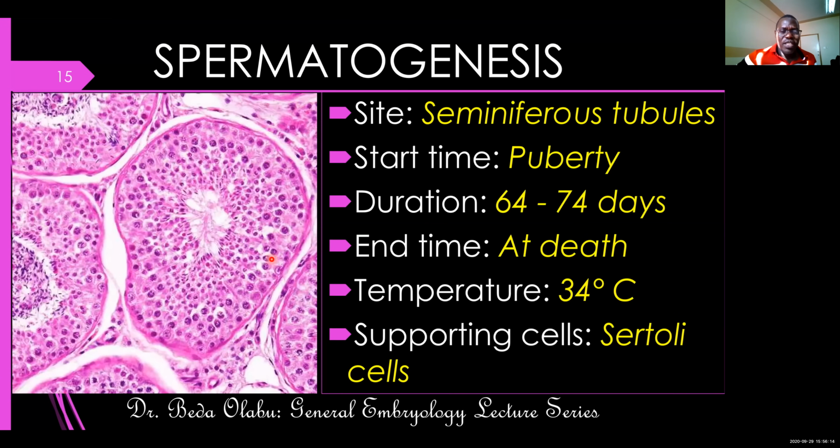During spermatogenesis, there are some supporting cells within the seminiferous tubules. The supporting cells of spermatogenesis are known as the Sertoli cells. They're the ones that provide both structural as well as nutritional support to the developing sperms.